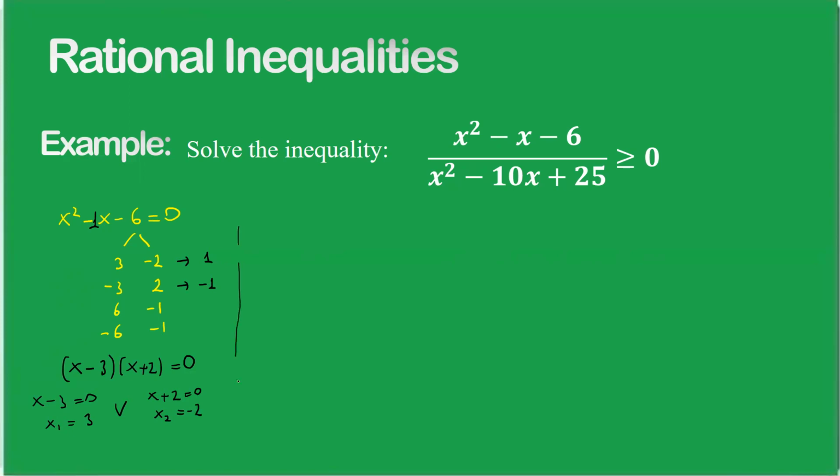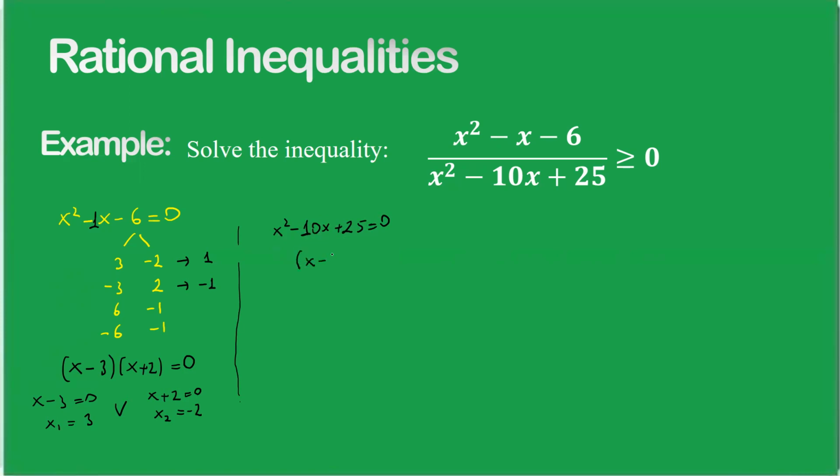What about the denominator? x squared minus 10x plus 25 is equal to 0. Now let's find these critical points. You may use the same way again, but if you check this one clearly, it is actually a perfect square, right?